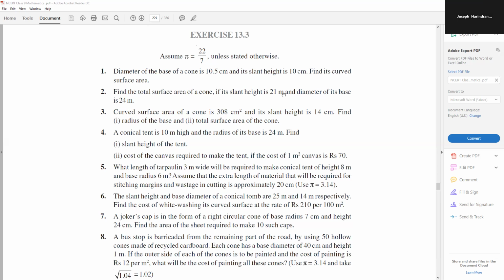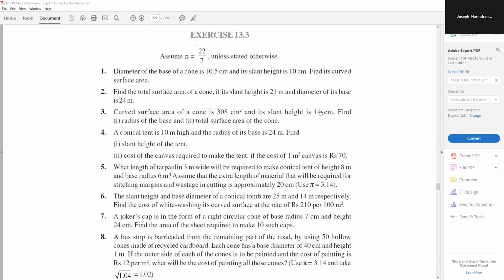Be careful with the units and also read the question carefully to note the value of pi, whether it is mentioned or not. So here in all these first 4 questions, you can take pi equal to 22 by 7. In the third question, the curved surface area is given. So you can use the formula pi RL and equate it to 308. Pi RL is equal to 308.